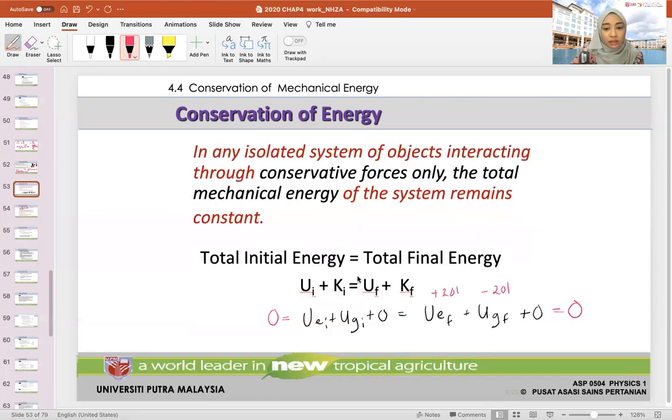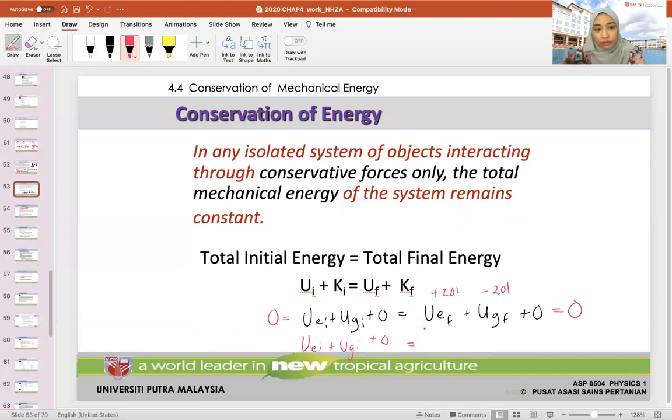So let's say situation kita tadi, we started with doing nothing, right? So I said, oh, this system ada friction sebab spring kita dia bergeser dengan dinding. Contohlah ada friction. So this guy would be UE initial plus UG initial plus 0 for the KE, and for the friction, dah start lagi.